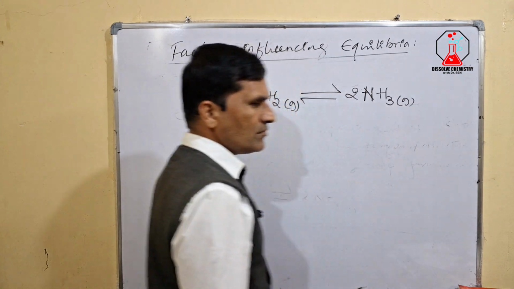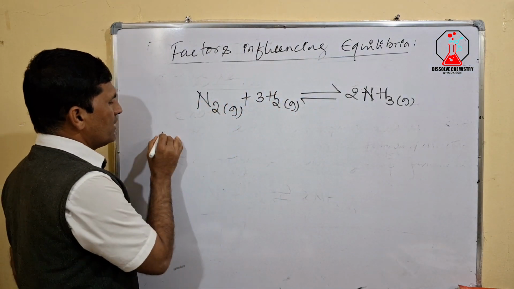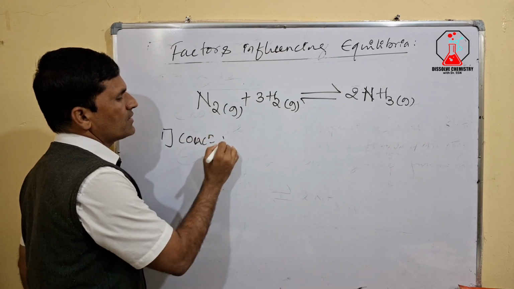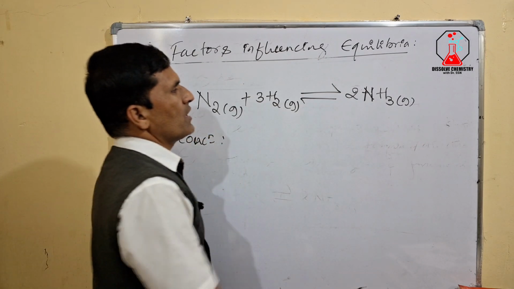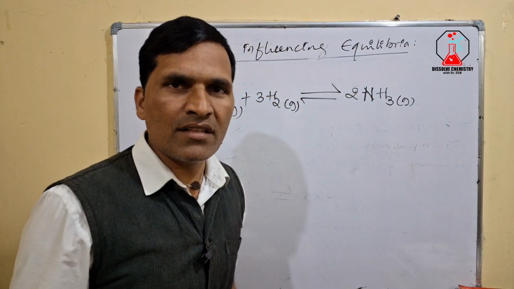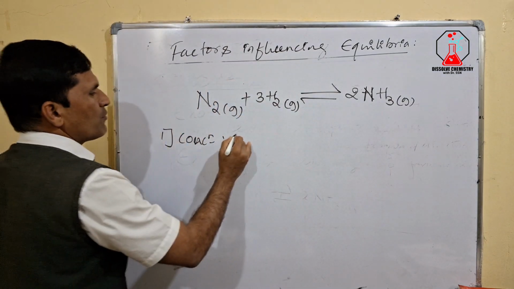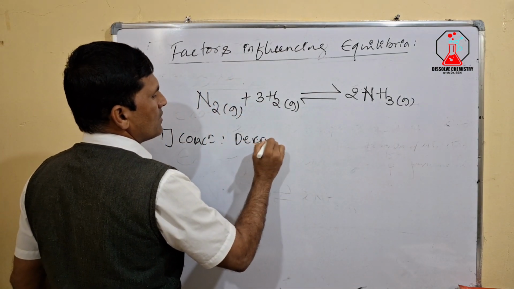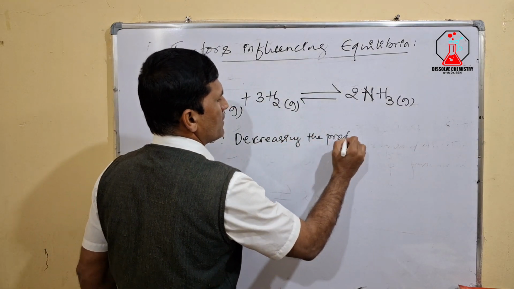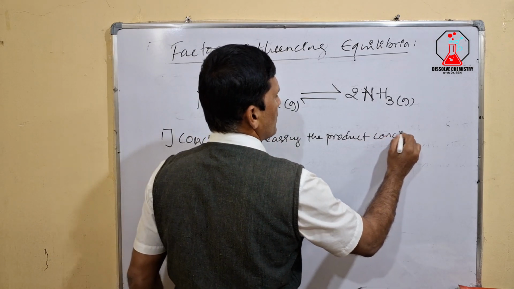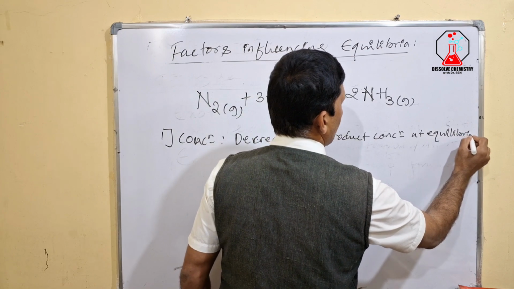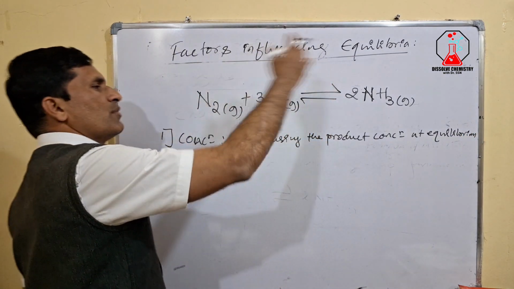Okay, so first we will see concentration according to Le Chatelier's principle. We know that we can liquefy this ammonia and we can separate it easily. So means decreasing the product concentration at equilibrium, okay, we can shift the equilibrium in the forward direction.